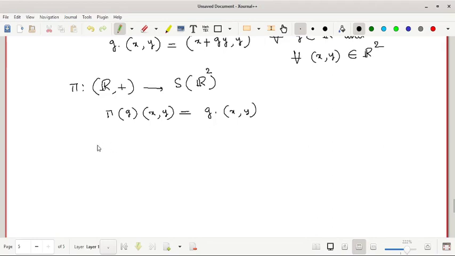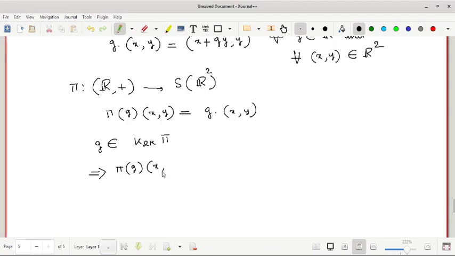If g belongs to the kernel of pi, then this implies pi of g is the identity element in S(R2).